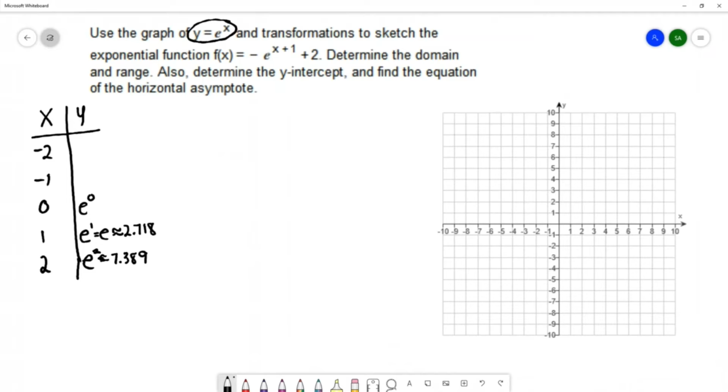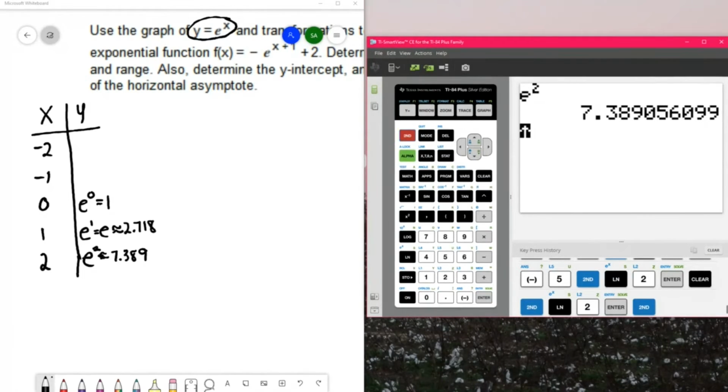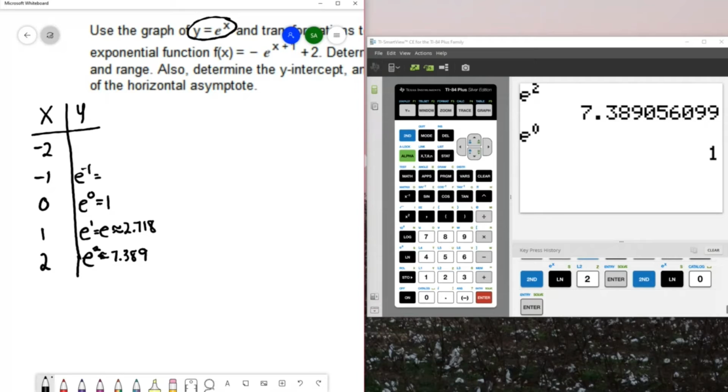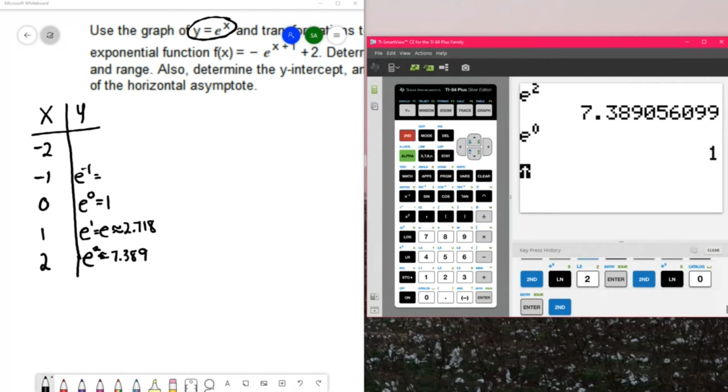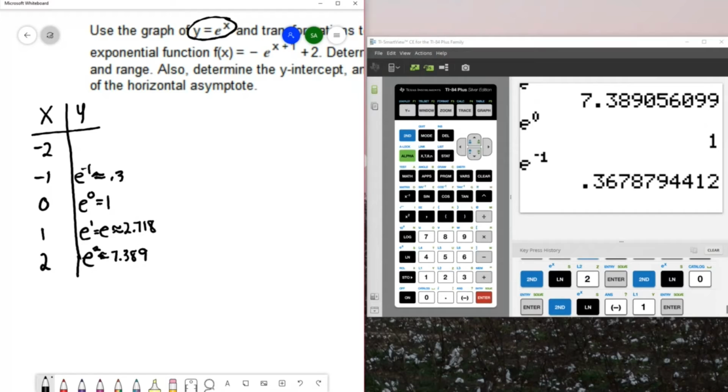e to the 0 power will be 1. We can confirm that with the calculator. And we want to have e to the -1, and that's approximately 0.368.